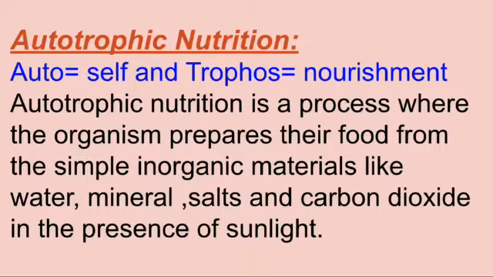Autotrophic nutrition is a process where the organism prepares its food from simple inorganic materials like water, mineral salts and carbon dioxide in the presence of what? In the presence of sunlight. The food making process has a particular name. Can you guess?